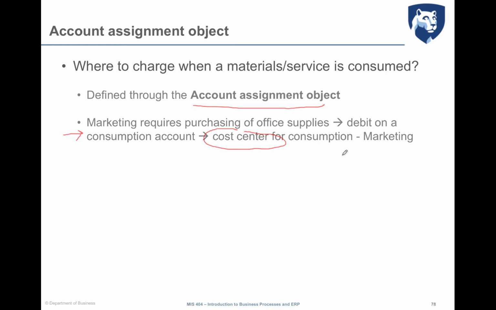Why do we need to do that? Because, if you recall, from a managerial accounting perspective, a cost center is a cost object which will be used to accumulate costs for a department and then calculate the marginality and the profitability of the company.